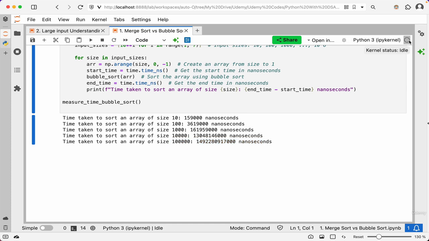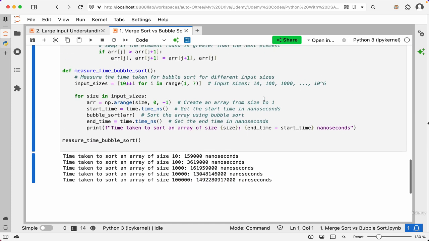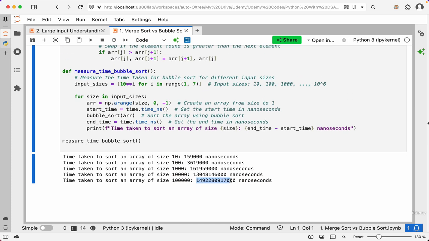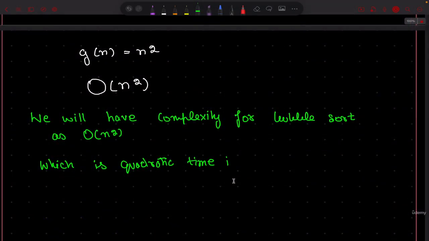It took so many seconds, and that's the reason. If the input is increasing, then the time taken increases a lot. So O of n square is a complexity which we will try to avoid if we can. But again, those things will get clear as we move forward, so it should be fine.